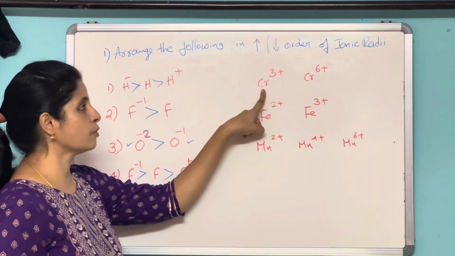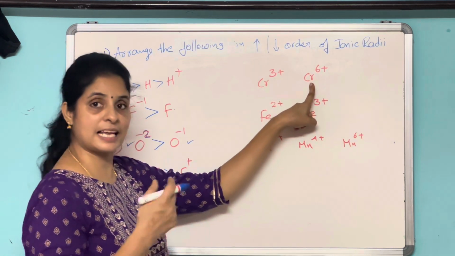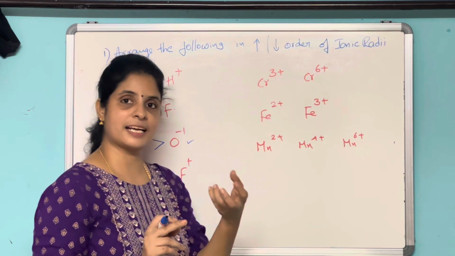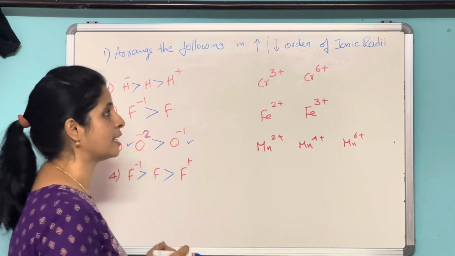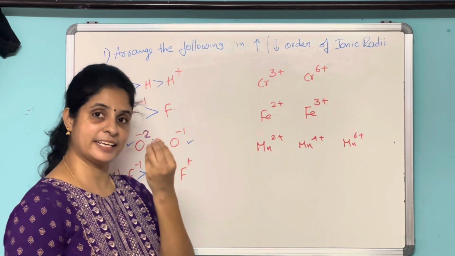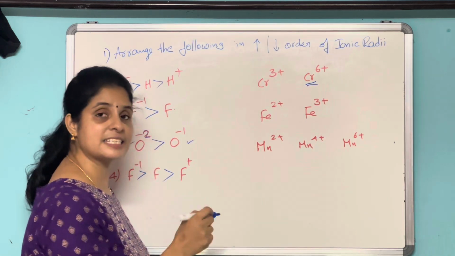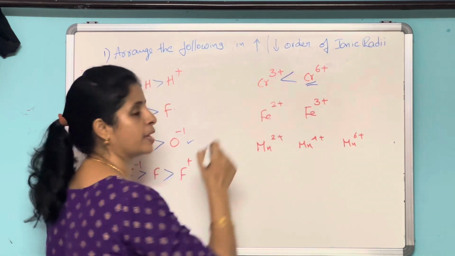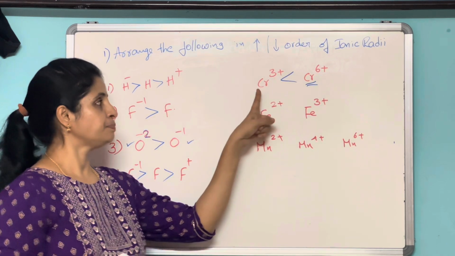The nuclear charge is the same, so the attraction between the nucleus and the remaining electrons increases, so the ionic radius decreases. So chromium 6 plus has a smaller ionic radius when compared to chromium 3 plus. I think you got this point.